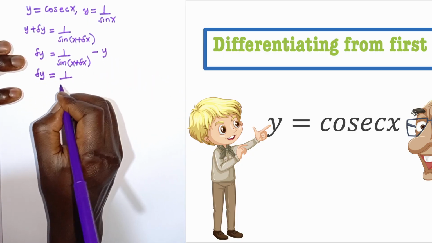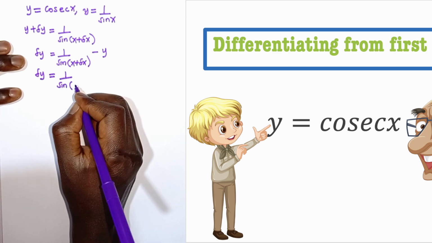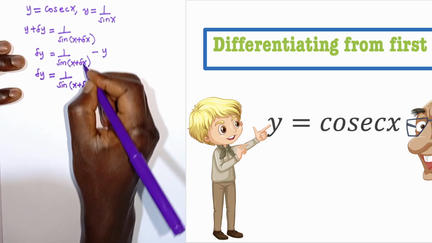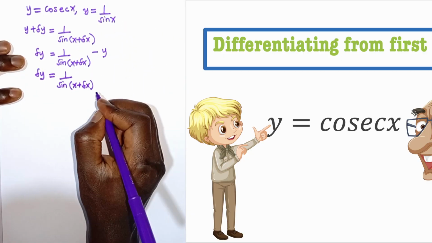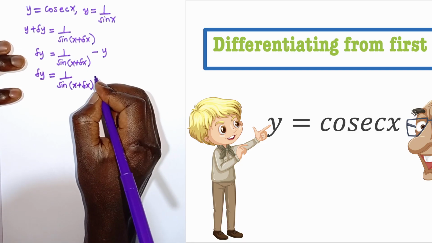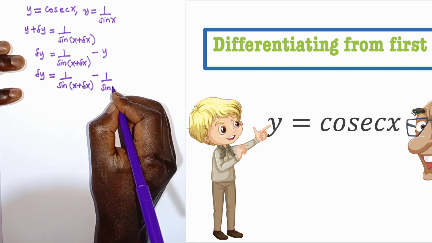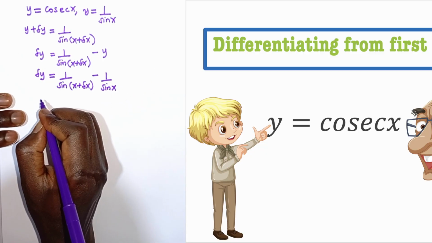So delta y is equal to 1 out of sine of x plus delta x, minus, we substitute in the y, so minus 1 out of sine x. So we can go ahead and get the LCM.